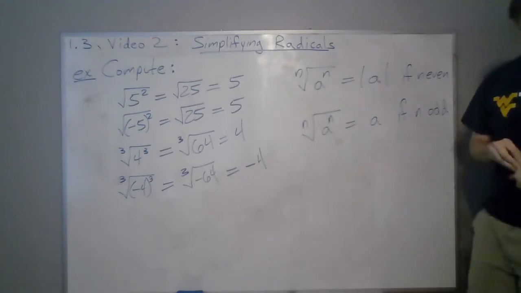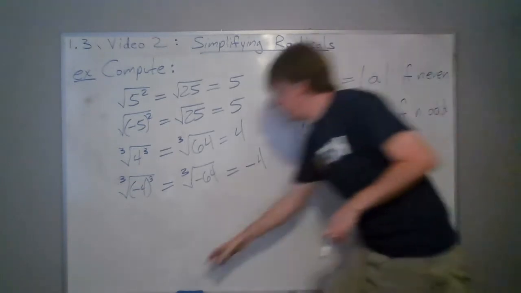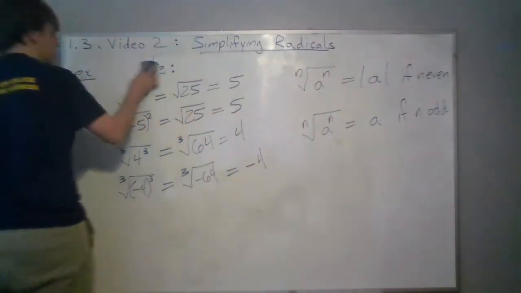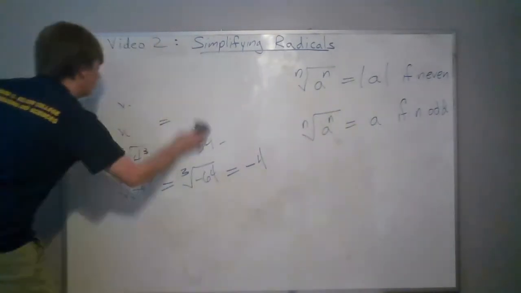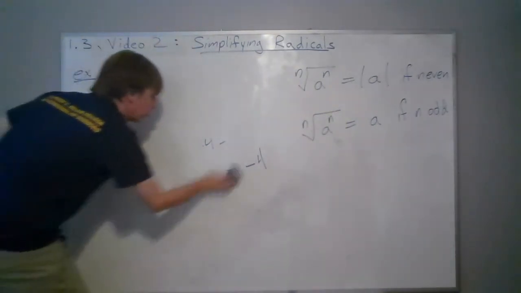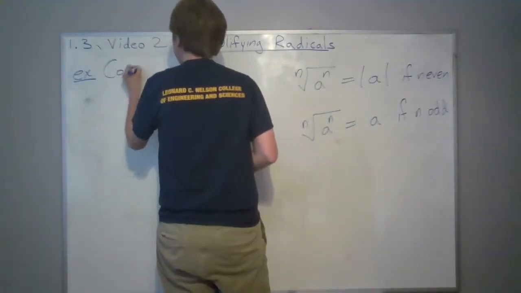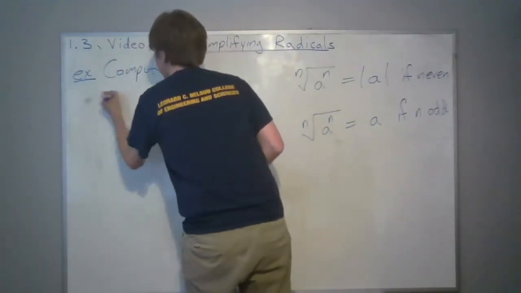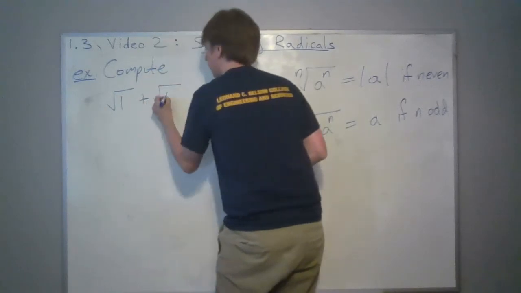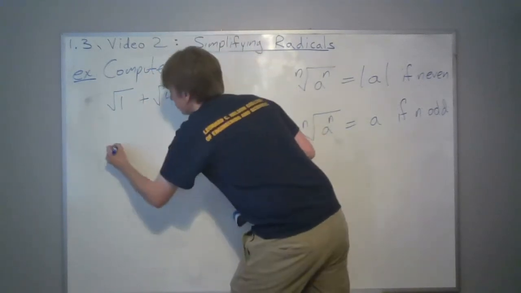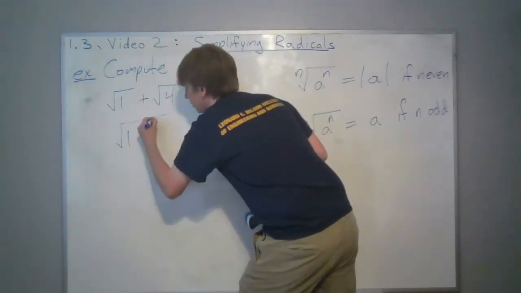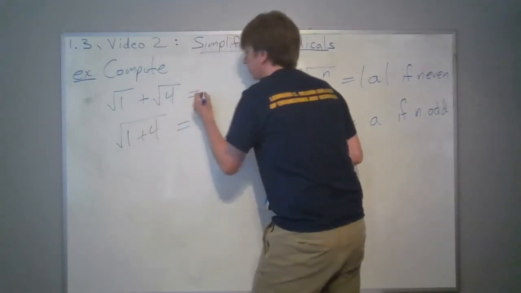Our next example that we're going to look at is unrelated. I want to look at the square root of 1 plus the square root of 4. And I want to see if I get the same answer if I try the square root of 1 plus 4.